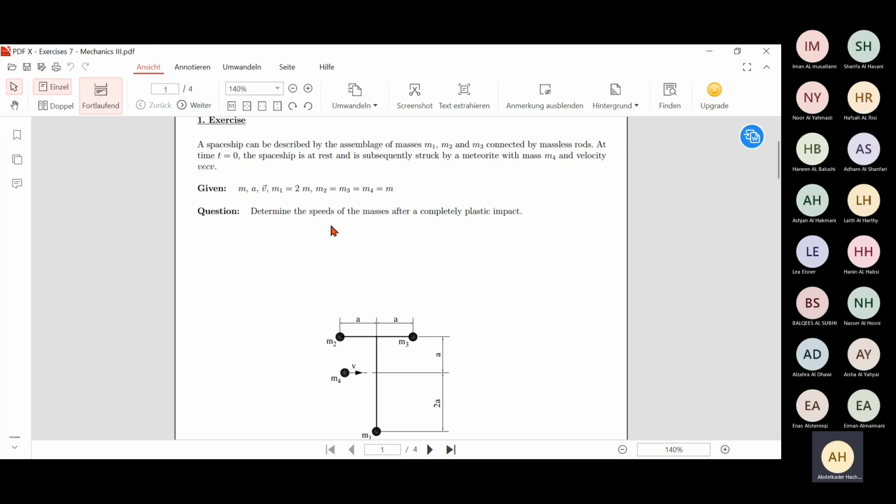Asked is to determine the speeds we have seen in the lecture. There are 3 cases, which are the elastic impact, the partial impact, and the plastic impact.